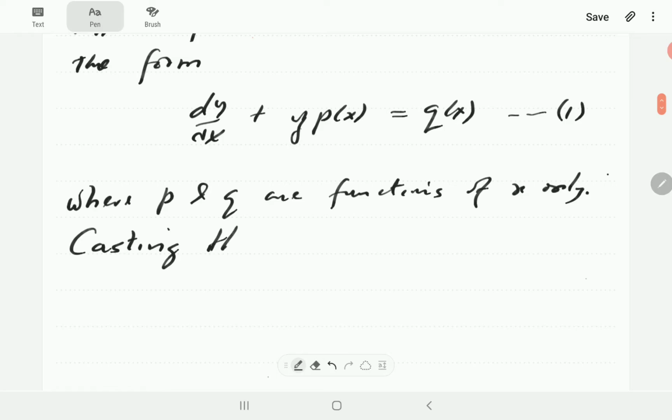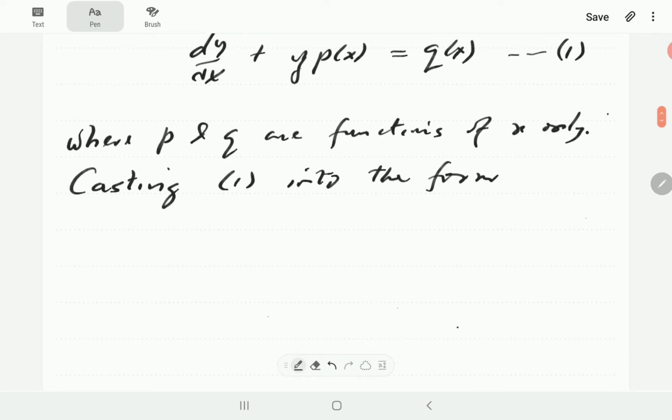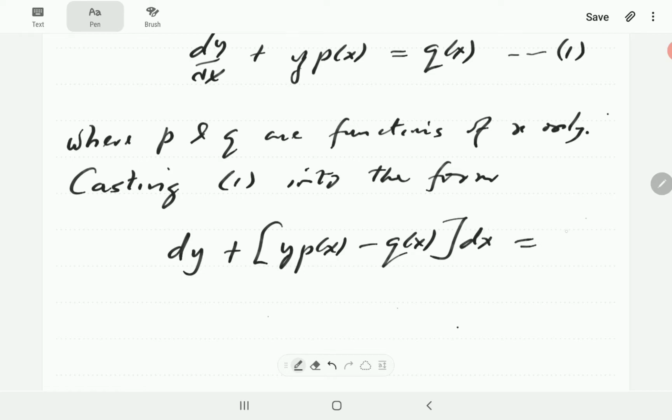So casting equation 1 into the form M dx plus N dy, this one becomes dy plus (y p of x minus q of x) dx equal to 0.